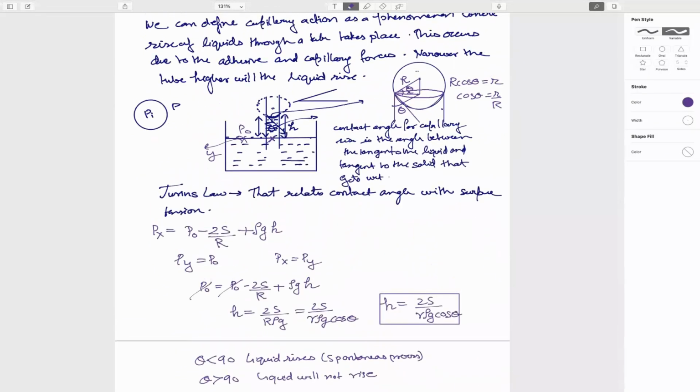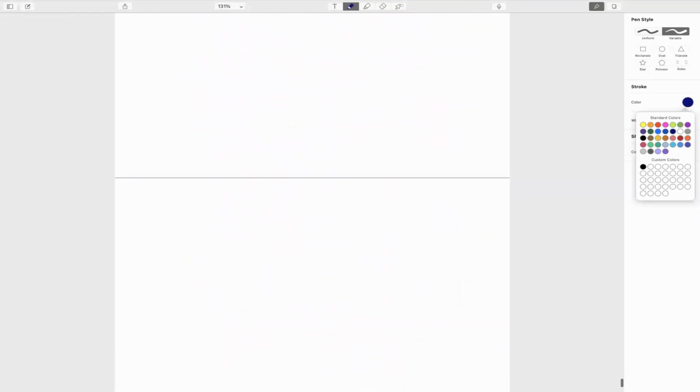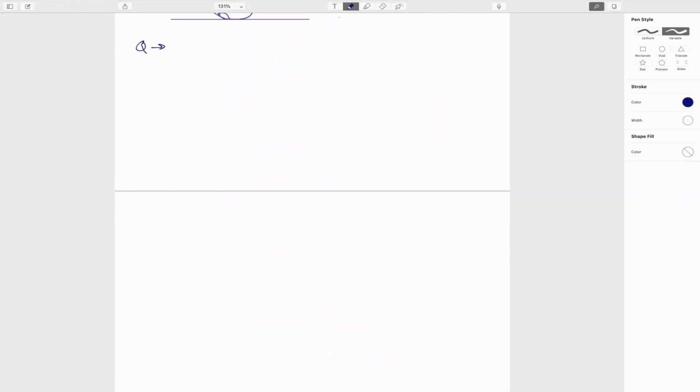Now let's take some questions. So I have around 15 minutes. Okay. So let's take some questions. We have a capillary tube that is in a bath of water that is 5 centimeter.